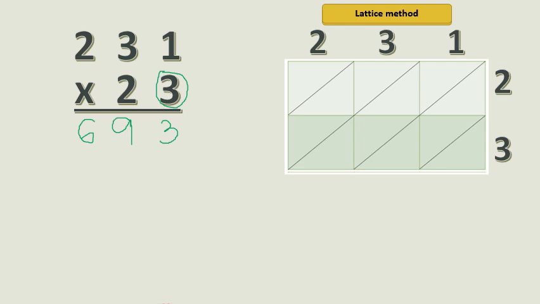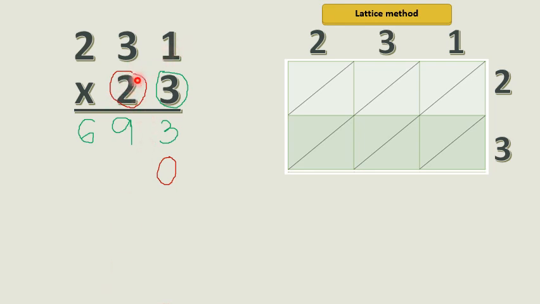Ngayon, mag-times naman tayo dito sa 2. So, gawin natin siyang red. So, dito naman tayo magta-times. So, kapag nag-times tayo sa tens, automatic na yung tens ay may isang 0, di ba? So, magdagdag na agad tayo dito ng 0. So, wala tayo dyang itatapat na multiplication. So, dito na tayo magsisimula sa tens.